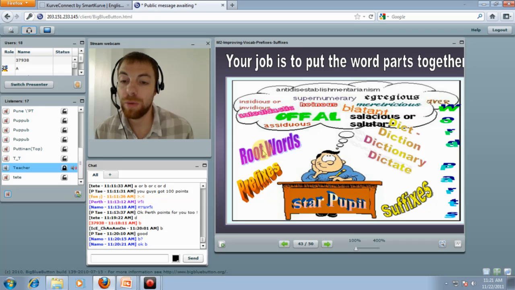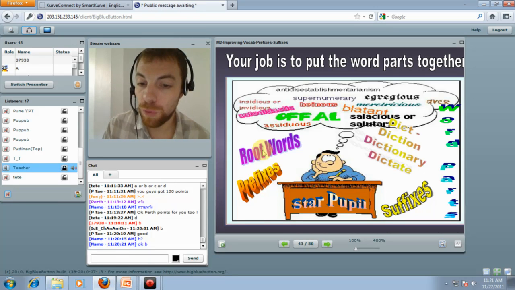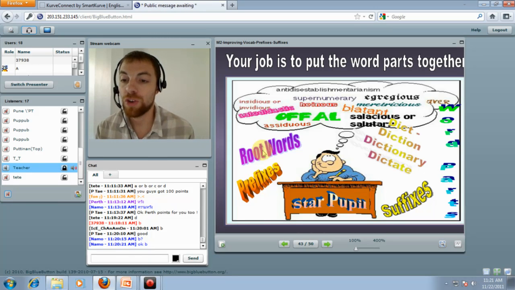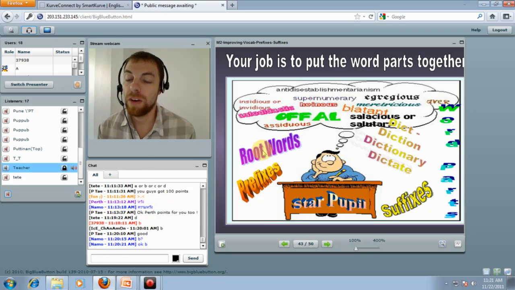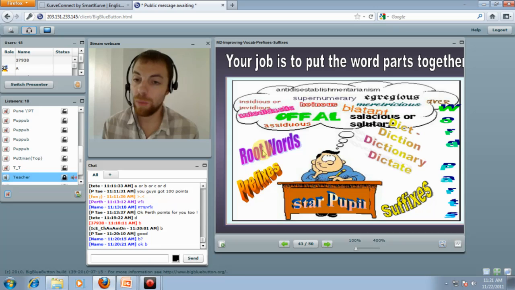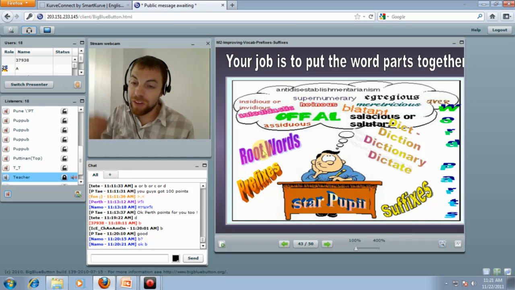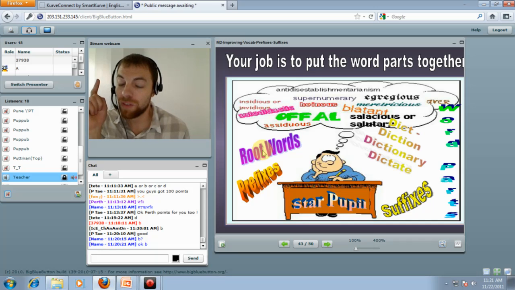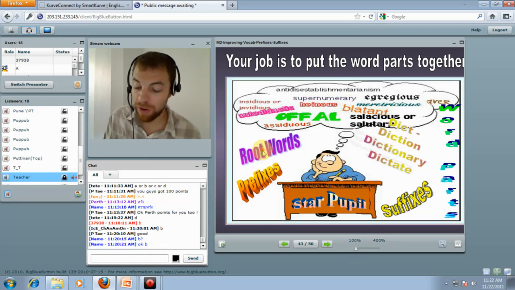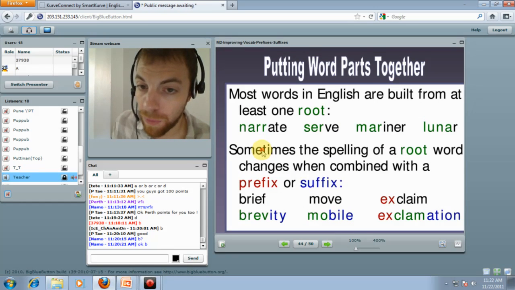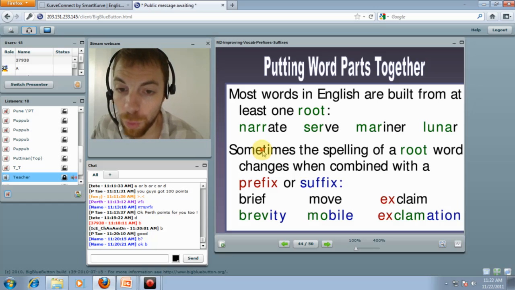So let's try and remember when we read in the future to try and look for these word parts. And when you're reading and you come to a word that maybe you don't know, if you know at least the prefix or the suffix, then you know part of the word meaning, and that's better than nothing. So it's very helpful. Putting word parts together.